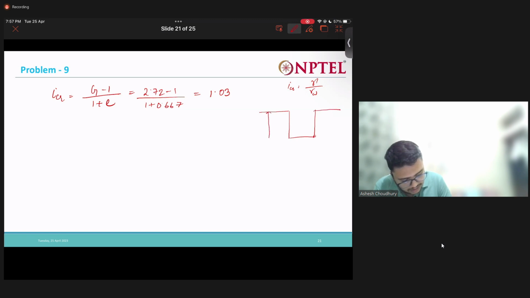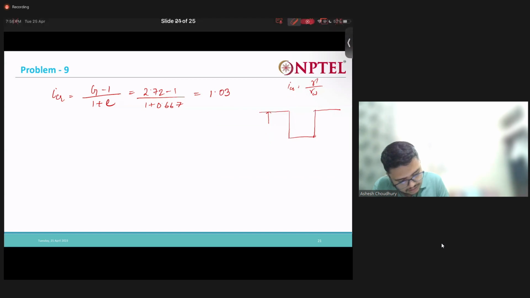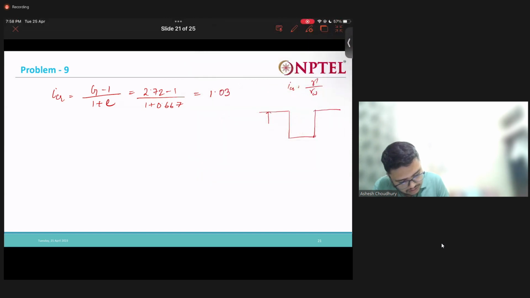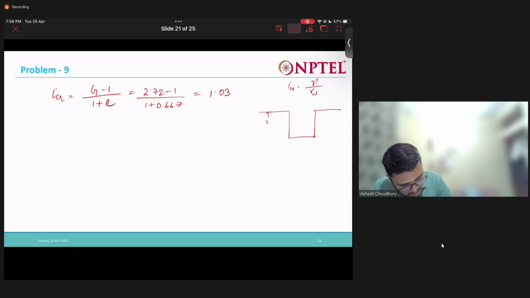You have a clay here. Say you have something like this: 3 meter clay here, and the water table is also at the top.